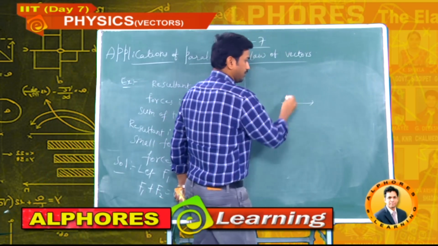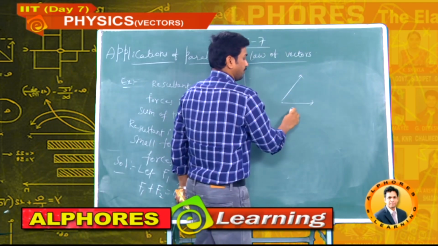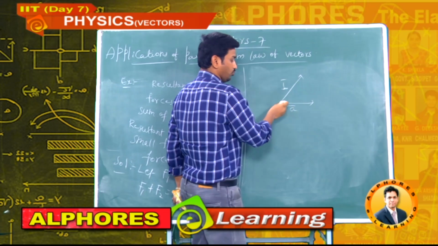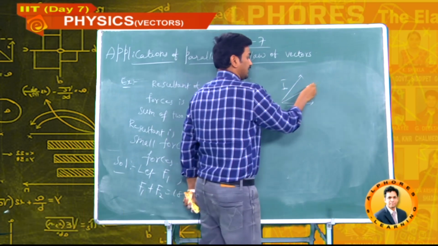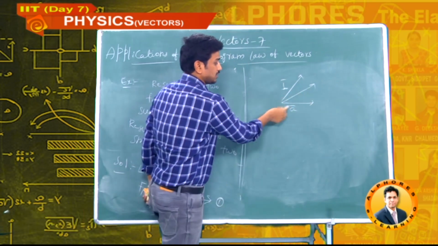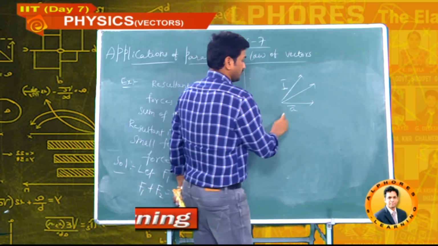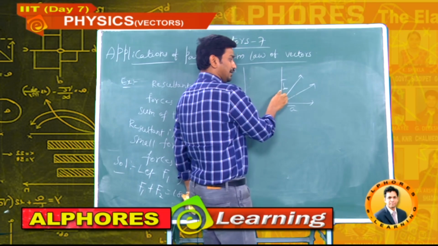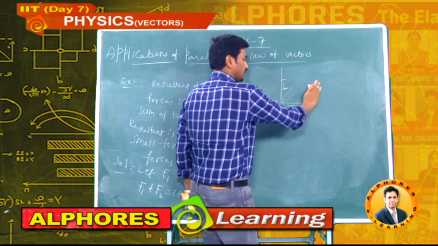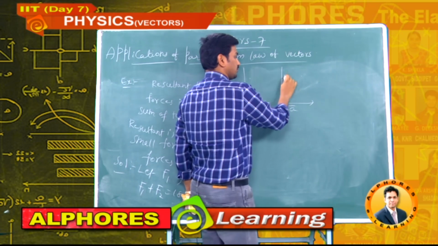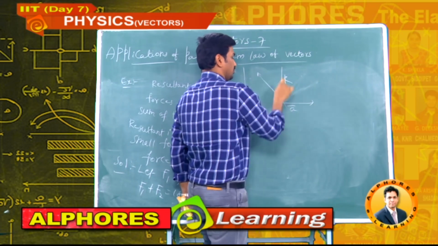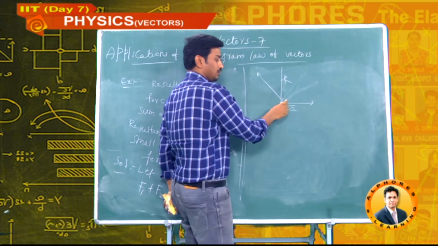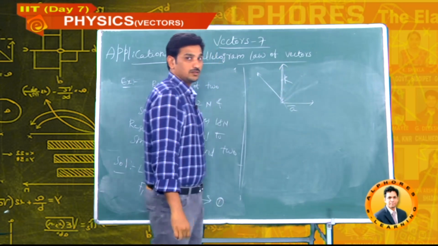Remember this point: a bar, b bar, two vectors, the resultant always lies between the two vectors. Now this resultant is 90 degrees to one vector, with the two vectors as two sides and this the resultant.